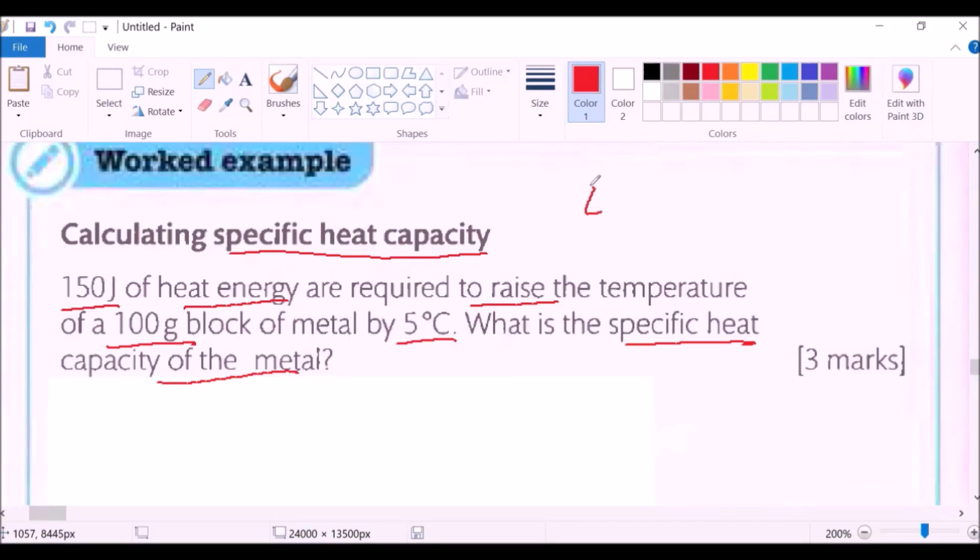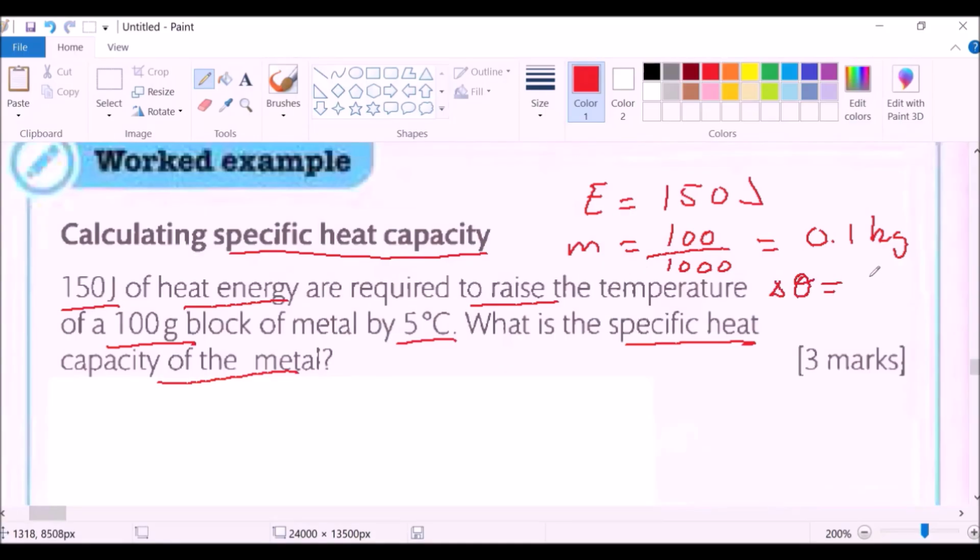So energy is 150 joules, mass is 100 grams, which we have to convert to kilograms, which is 100 over 1,000, which will give us 0.1 kg. Remember, we have to use standard units. Change in temperature, which is our delta theta, is 5 degrees Celsius.